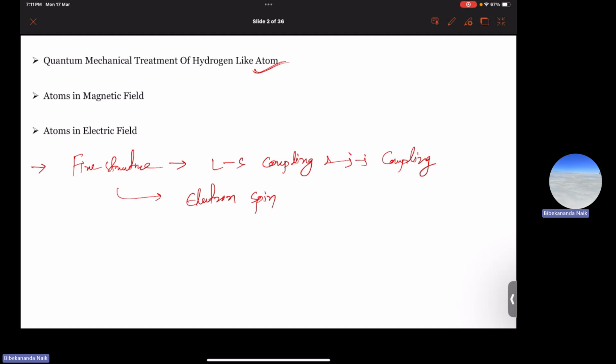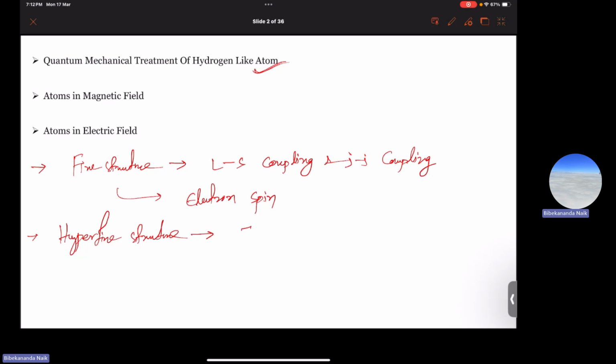Now if you consider another type of structure, which is called hyperfine structure: like the fine structure is due to electron spin, hyperfine structure is due to nuclear spin, because the nucleus also revolves around its own axis.